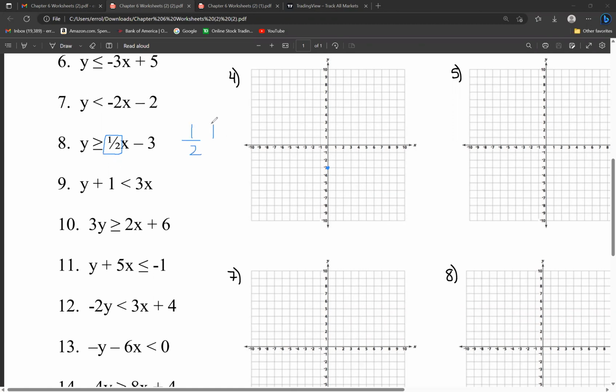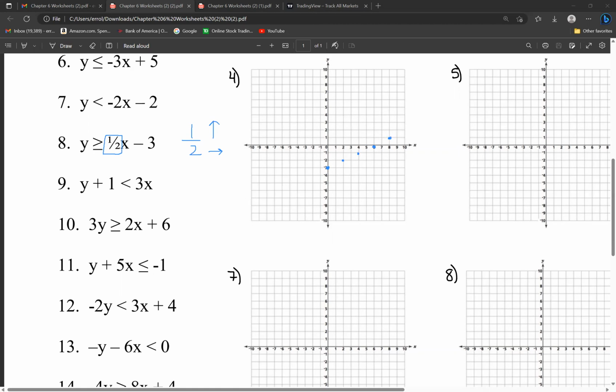So you're going up 1, then to the right 2. Up 1, right 2, up 1, right 2. Then you connect those dots.